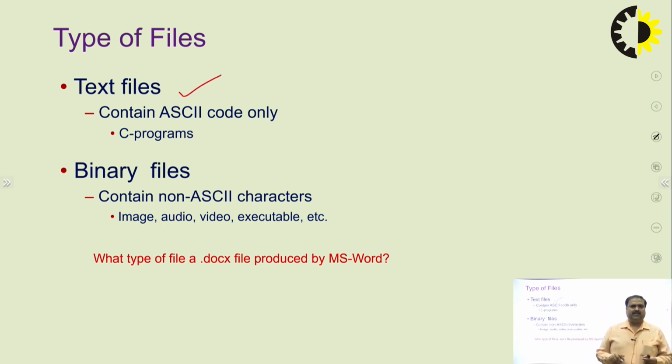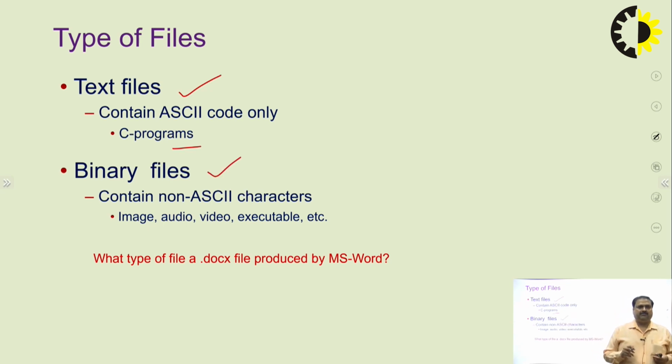Text files means a file containing some character, numeric or special character data. In this kind of file, every data is represented in the form of ASCII code that can be read with the help of C programs, and so the data is being converted into ASCII code. Sometimes if we use some other kind of data and treat it as a text file, that may give wrong results. The second type is binary files.